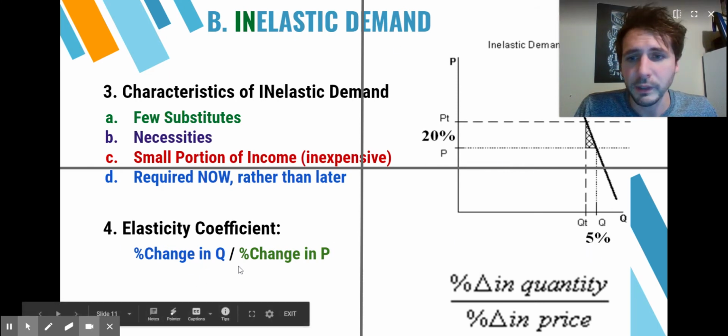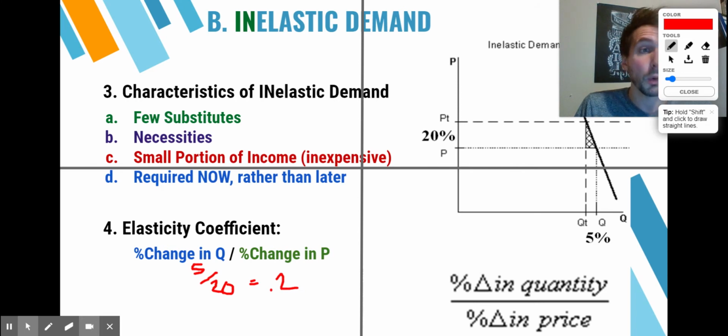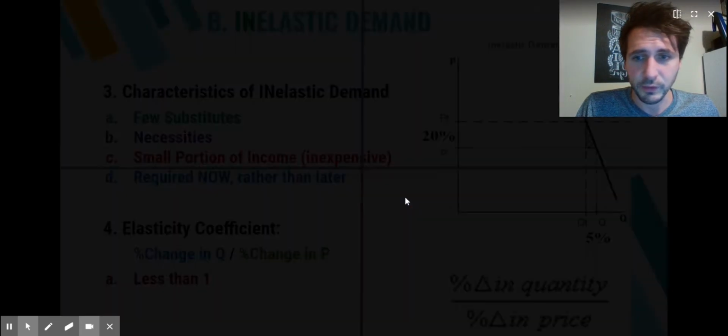My price changed by 20% when that happened, so 5 divided by 20. And so that is going to give me 1/5 or 0.2. It's going to give me a very low or small coefficient as a result. So change in quantity over your change in price is going to give you that correct answer.